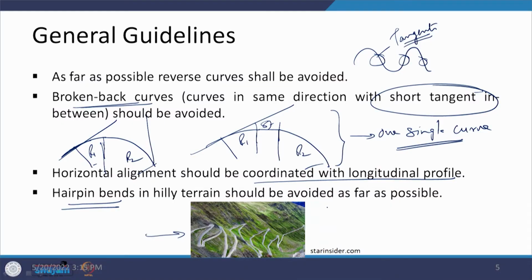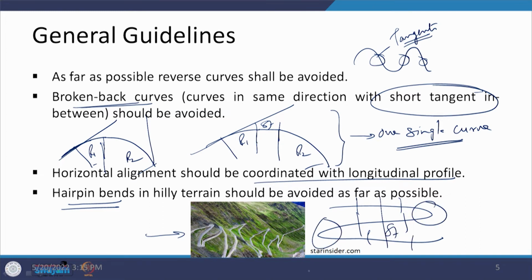If they cannot be avoided, then we should try to have a straight section in between the two hairpin bends, so that the driver who has negotiated one bend has sufficient time to regain control of the vehicle and then negotiate another one. In some cases, if it is possible to eliminate a section, then this particular section is eliminated, but this all depends upon the terrain conditions.